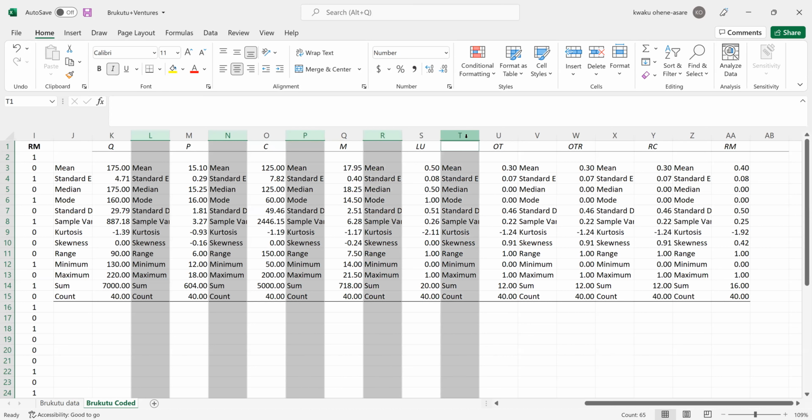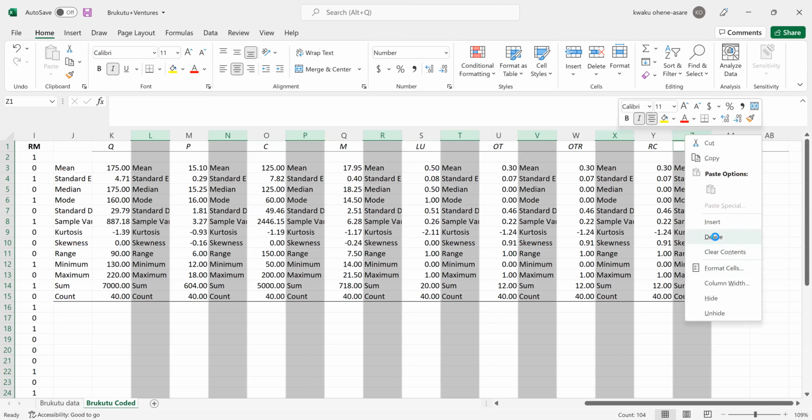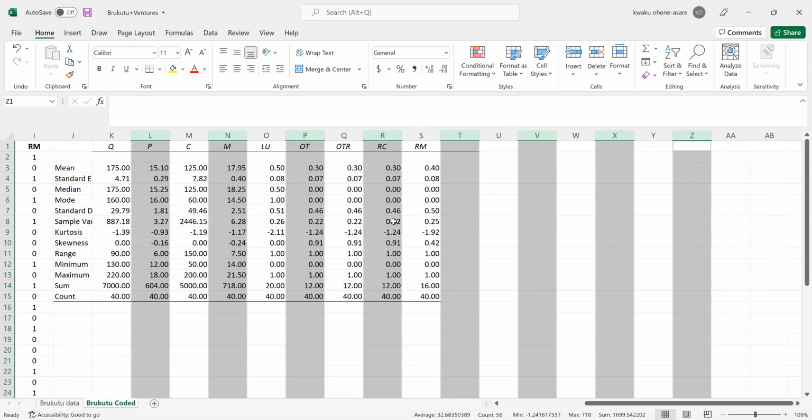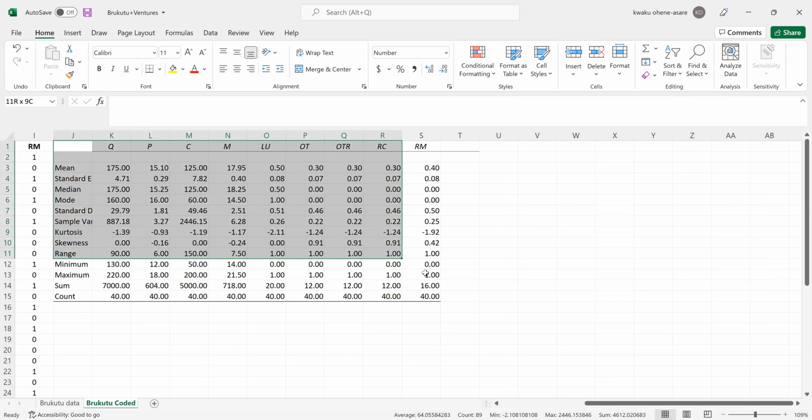All the writings, we just want to clear them because there are too many. They are the same thing too. Once you are done, right click and choose delete. And once you choose delete, all of them will go. Now the whole thing looks beautiful like this.